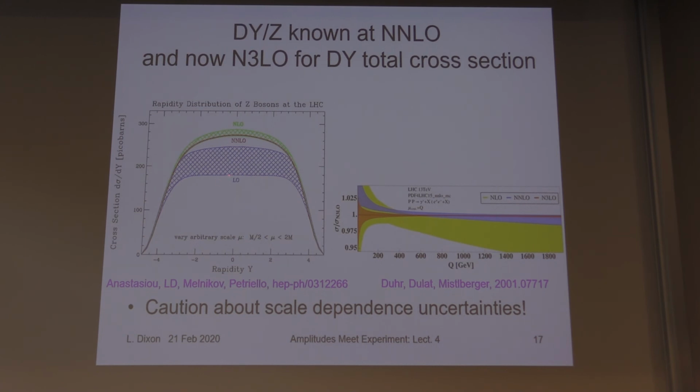The thing to notice is that you get a very large correction to both the rapidity distribution and the total cross-section, which is just the integral of this curve.